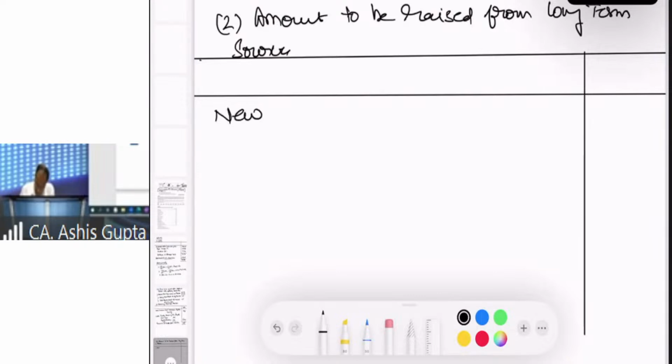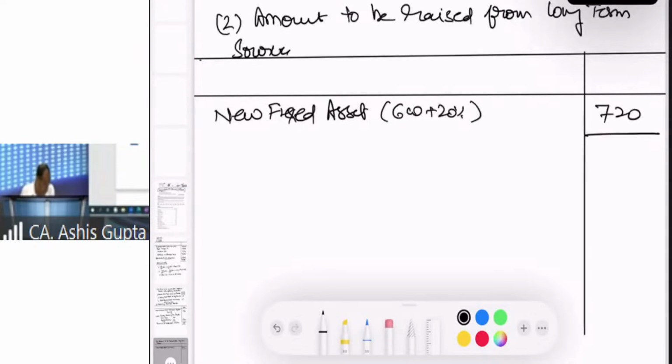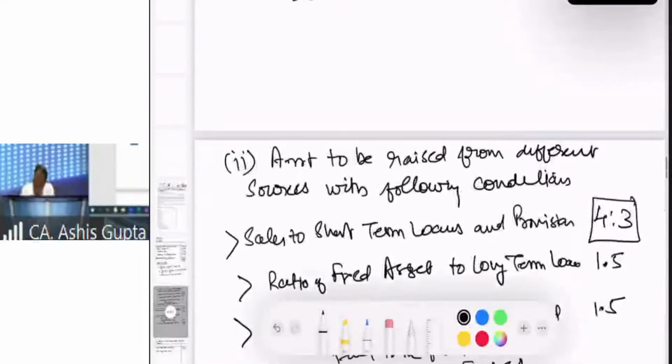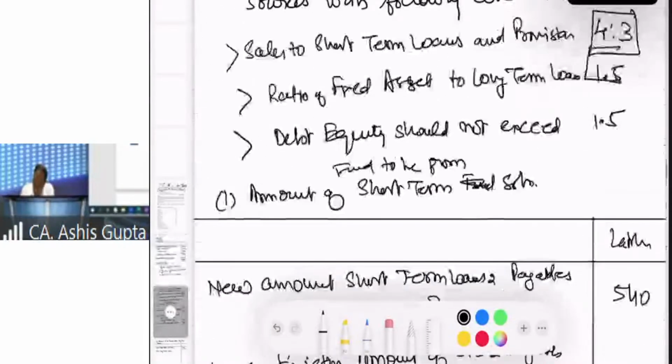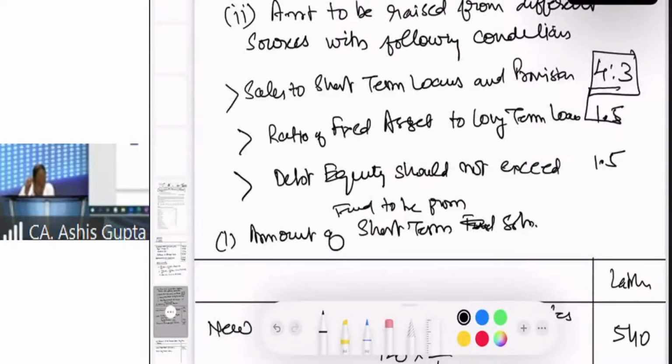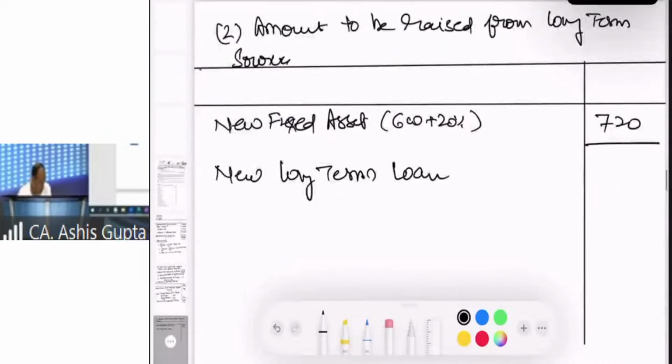Our new fixed assets are also increased proportionately. It comes to 720, no problem. Now our new long-term loans should meet this condition. What is this condition? 1:5. 1.5 means whatever our fixed assets are, our long-term loans can be at the maximum 1.5 times. So the maximum long-term loans can be 480.